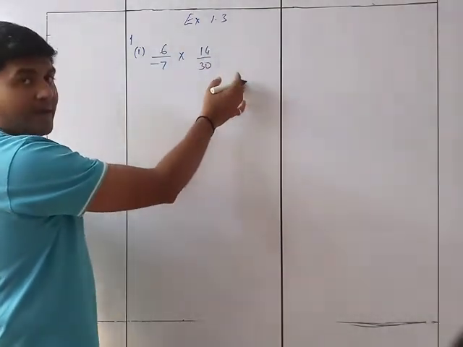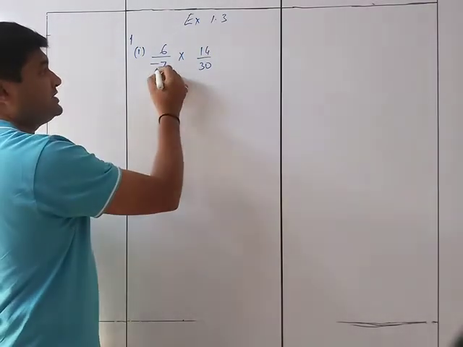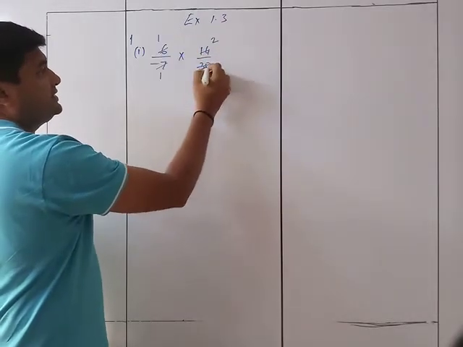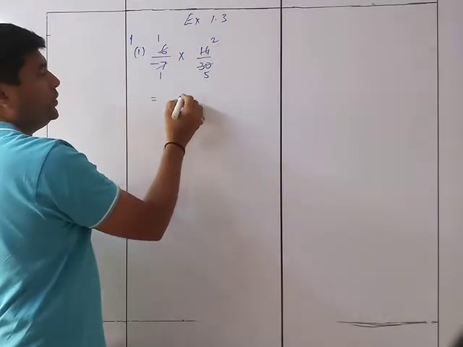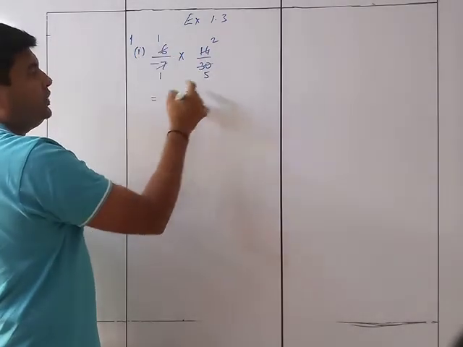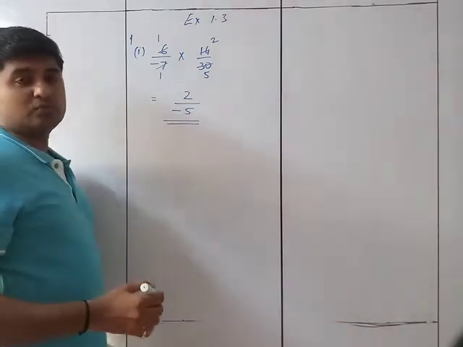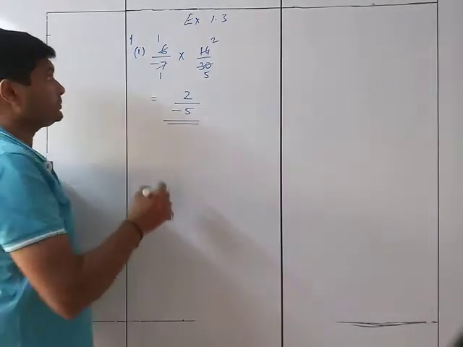But before you do that, it is better to cancel the common numbers. So it is 7 ones and 7 twos, 6 ones and 6 fives. Accordingly we have 1 into 2 is 2 and minus 1 into 5 is minus 5. So the answer to the first question is 2 upon minus 5 or minus 2 upon 5.